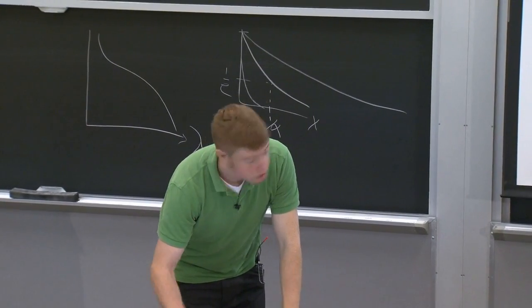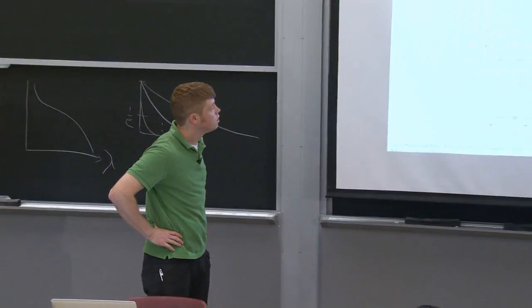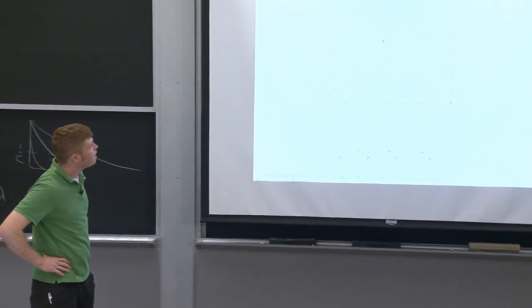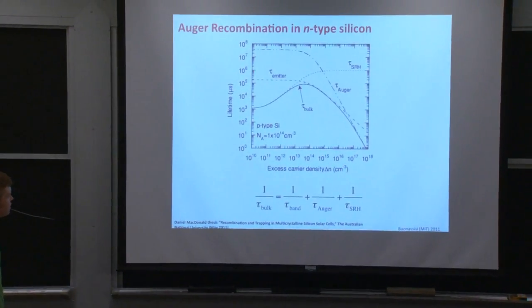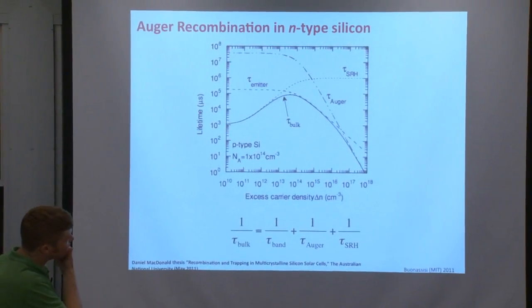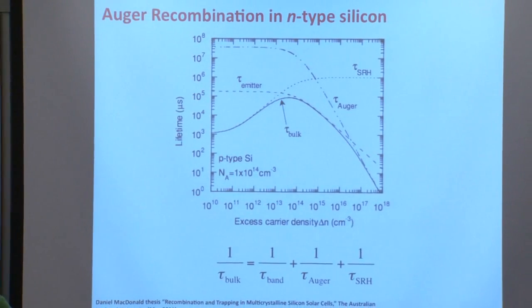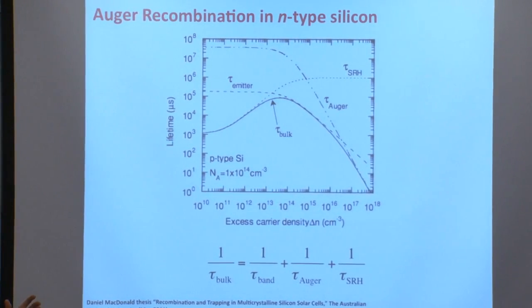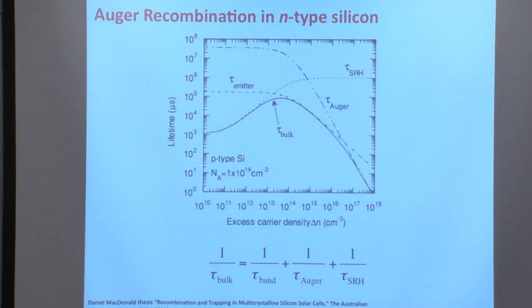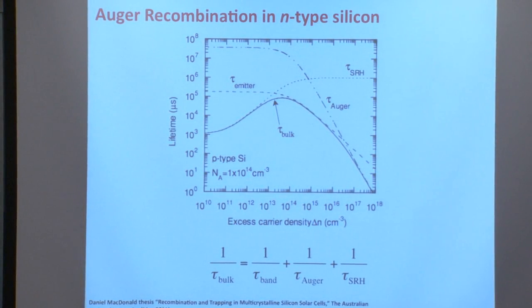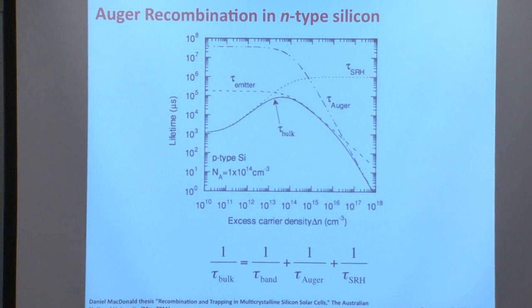So on that graph, is tau emitter also the same thing as tau Auger, tau rad? This came out of Daniel McDonald's thesis. Tau emitter is complicated because it has other influences in it. I always think of recombination in the emitter as Auger, but you also have other carriers coming in due to injection currents, and so your excess carrier population is also a function of that.